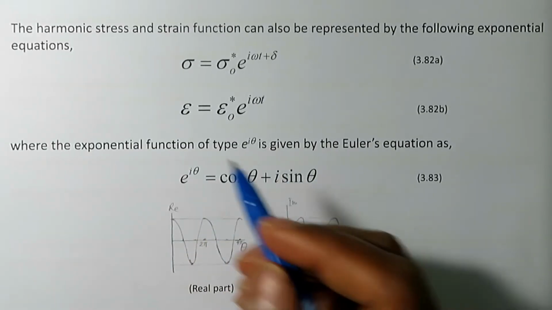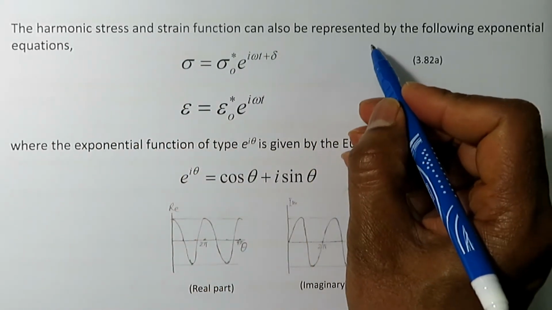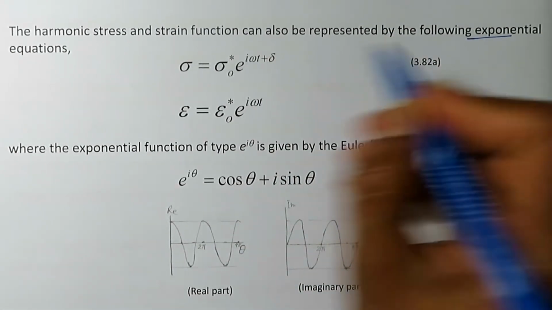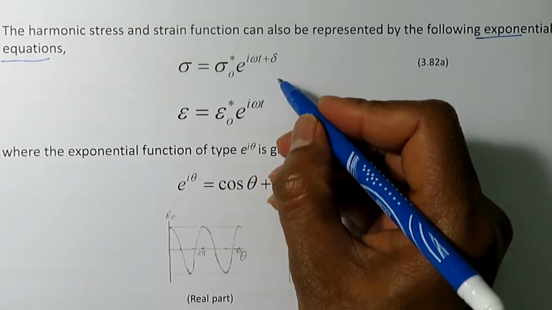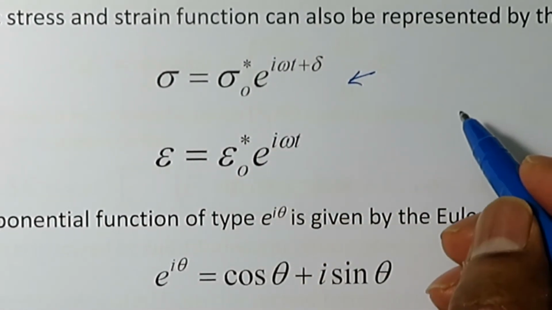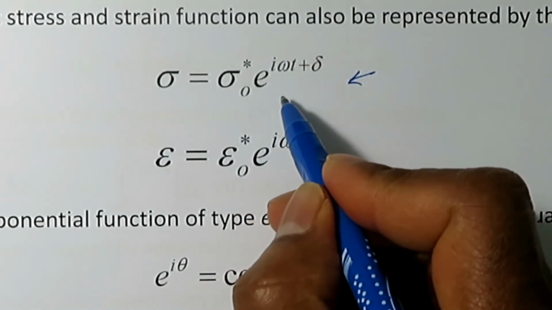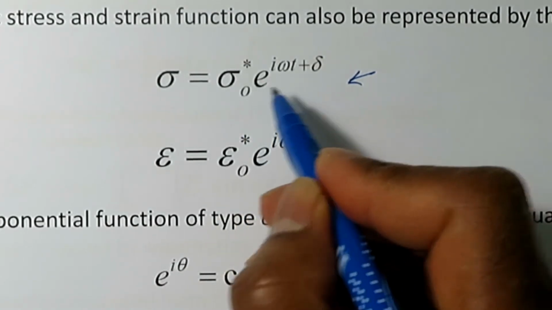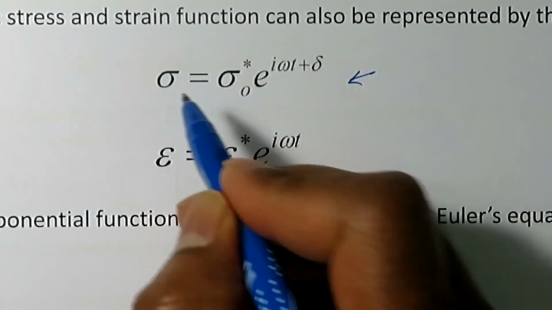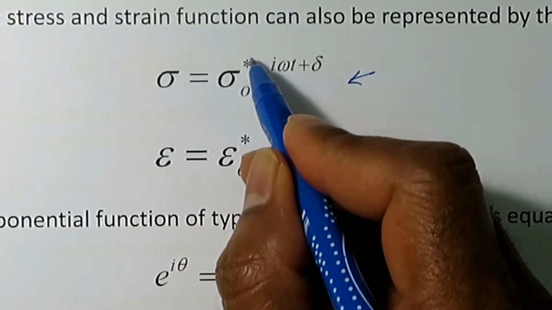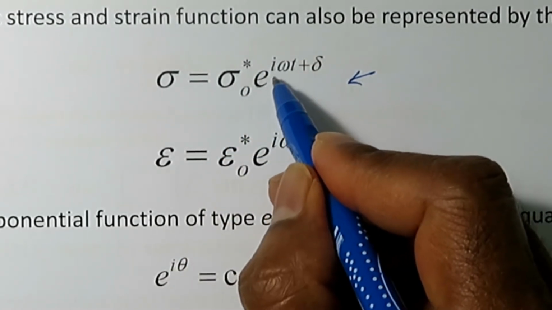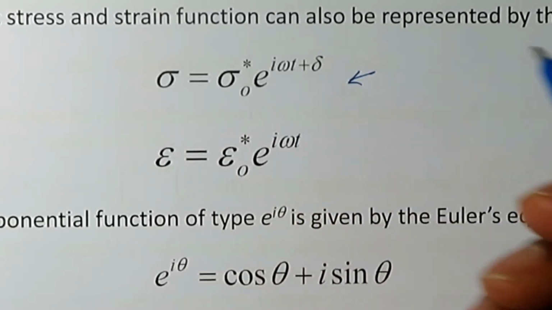Now the stress and strain function can also be defined by an exponential type of equation, because in many applications we may require this type of equation, and therefore we should understand that the same dynamic loading can also be given by this equation. So here sigma is equal to sigma naught star, so this is a complex stress, times exponential i omega t plus delta.